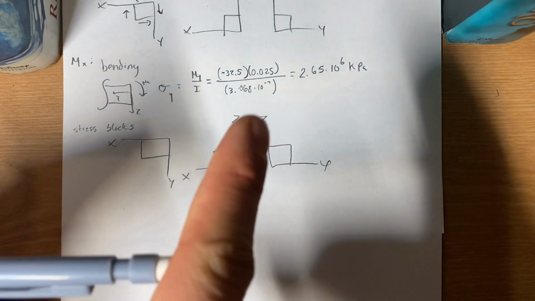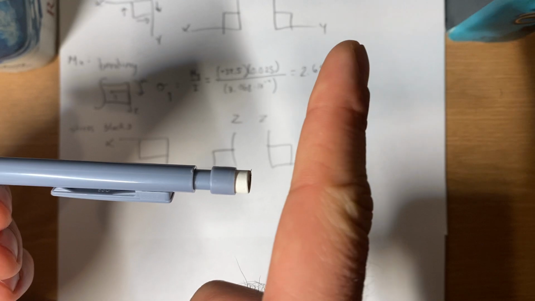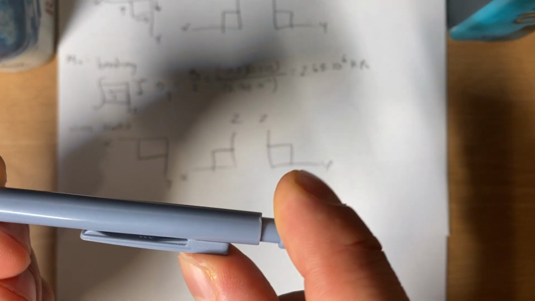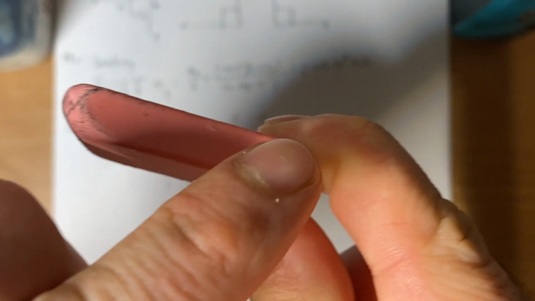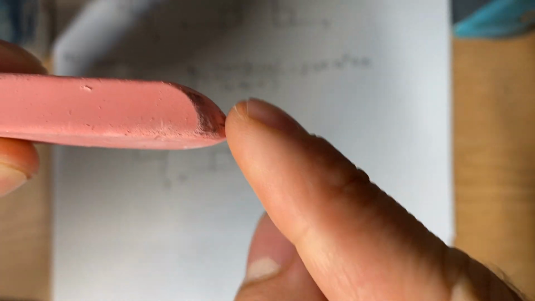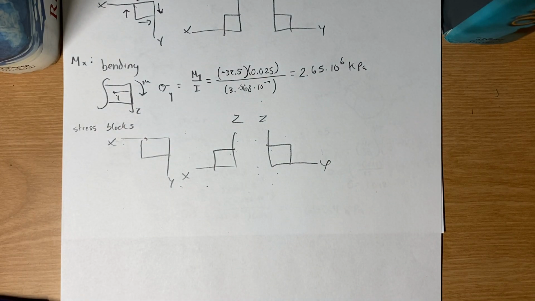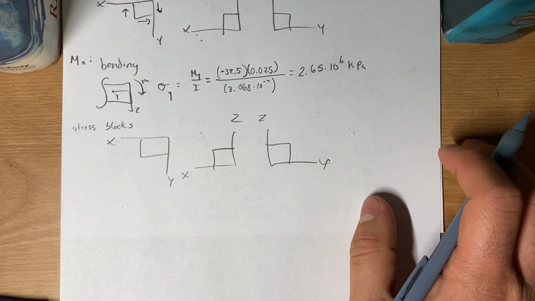So if it's going this way, it wants to go like that, which is causing this to go down. This is my y going that way, my z here, and then my x going that way. So it's gonna cause it to bend. So I know only my y is affected.